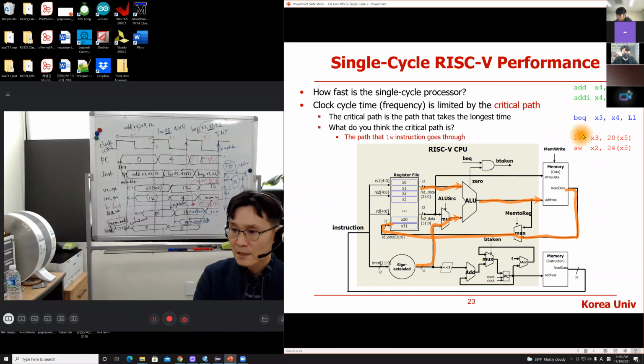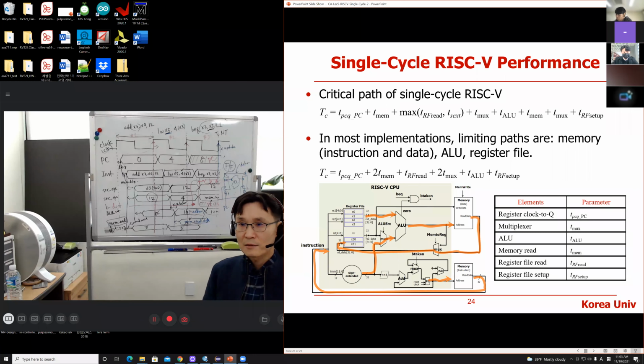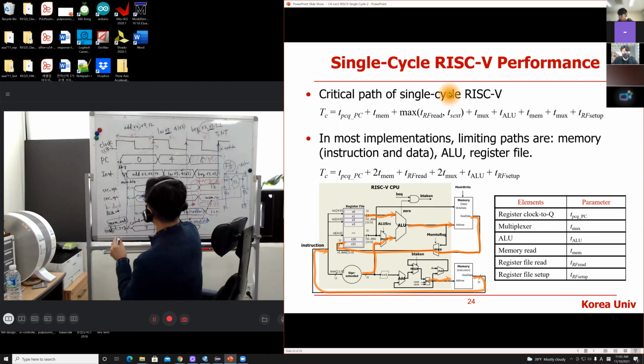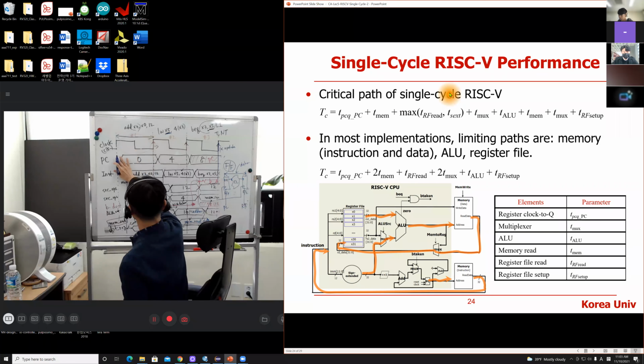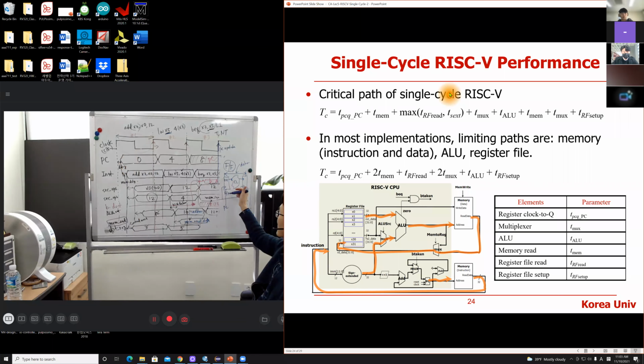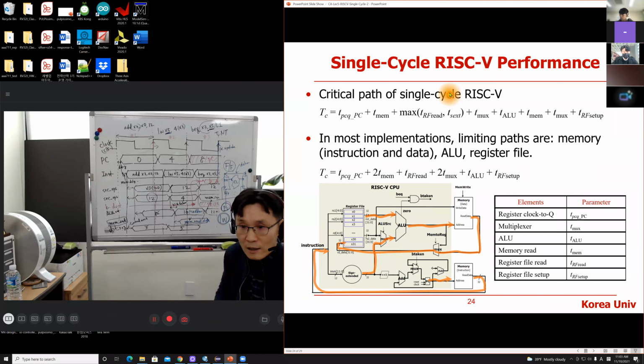So, a little formula. The critical path: how long does it take from the PC to the register file to execute the LW instruction? To compute that critical path delay, look at this PC.